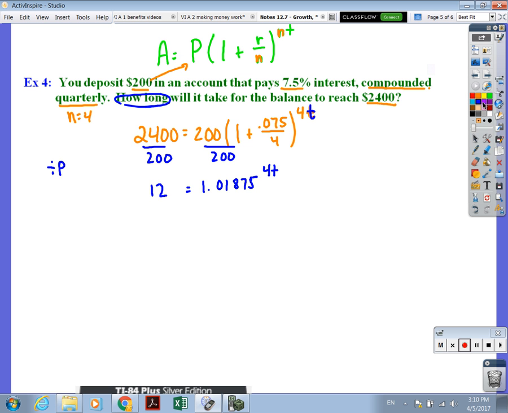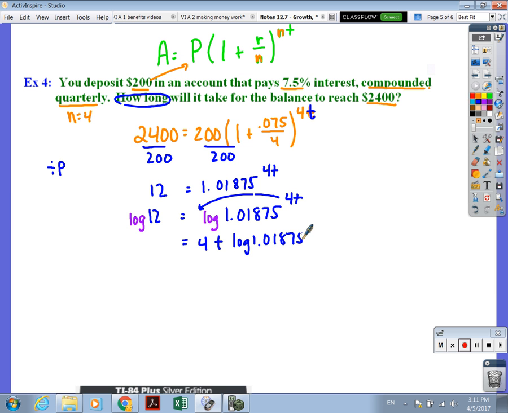Now I have 2 choices at this point in time. If I choose to take the log of both sides, that's you physically putting the word log in front of whatever's there. So the 1.0 number, I'll call it, is very long. Keep it all in there or store it in your calculator. There's a property that says I can pull that out in front. So I have 4t times the log of 1.01875 on the right side.